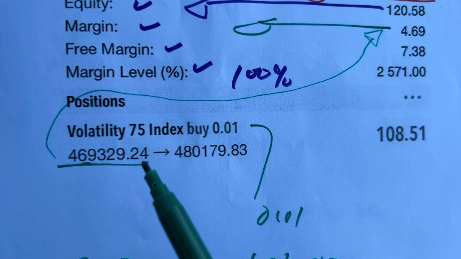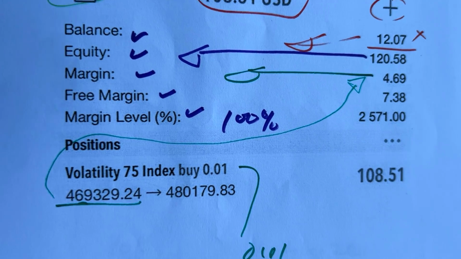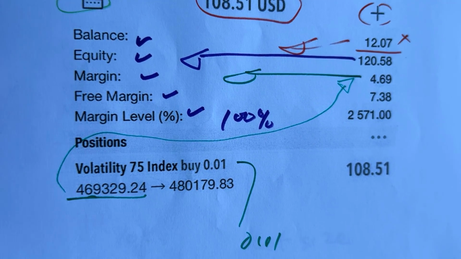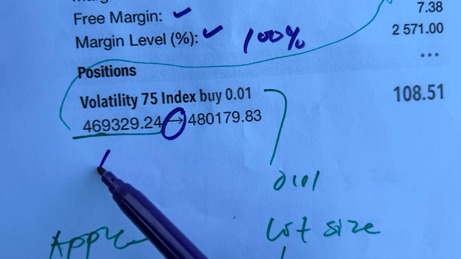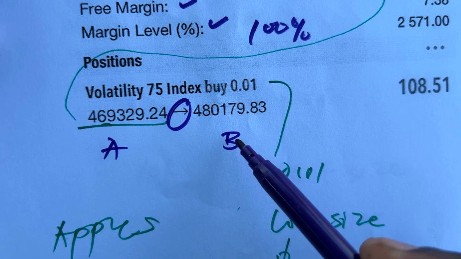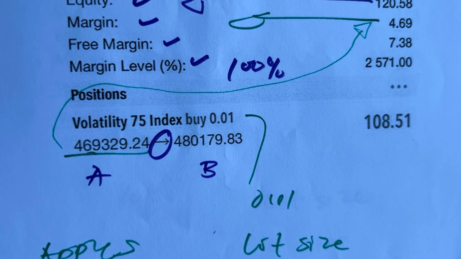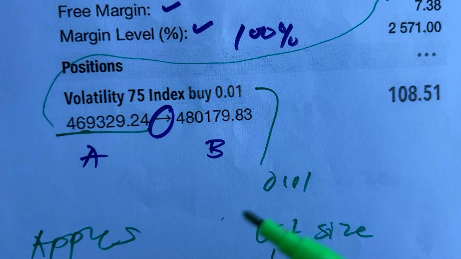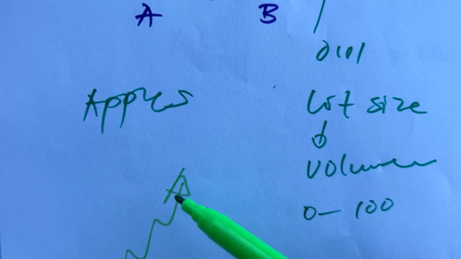And also, since here I made a buy, now I'm in a profit, right? I'm in a profit right now. And if I'm in a profit, you can see that we have this arrow over here. This arrow determines that from this price, which is A, to price B, we have a difference. So, meaning that the asset, Volatility 75, actually moved up. The graph went up.